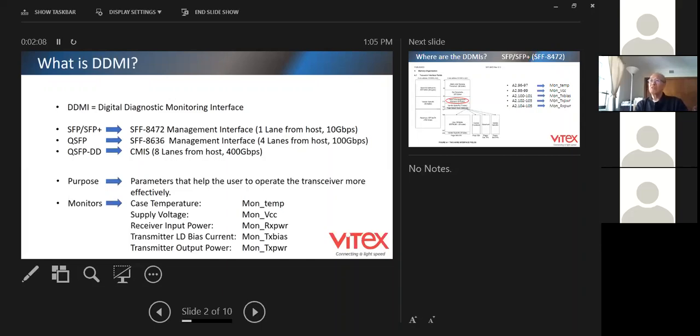One thing very particular is that at that time, a 10G SFP plus had only one lane. As the technology progressed, we moved into 4 lanes. You might remember that starting from 40G and 100G and so forth, we talk about 4 lanes of data.